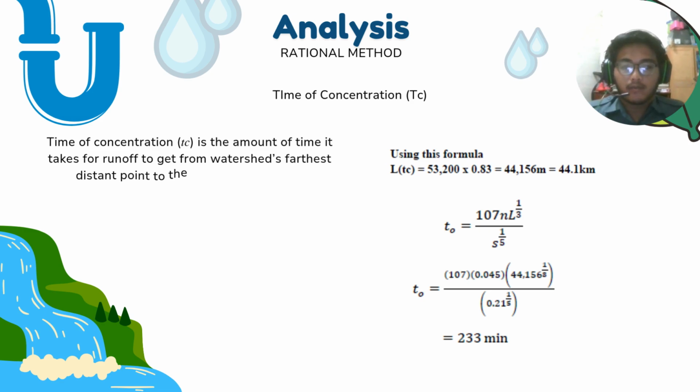For the next step, we must find the time of concentration, which is TC. TC is the amount of time it takes for runoff to get from the watershed's farthest distant point to the catchment outflow. So we assume that TC equals TO. Using the formula, length times TC, which for our length is 53,200 meter times 0.83, we get 44.1 kilometer.